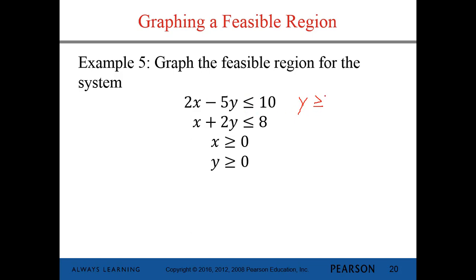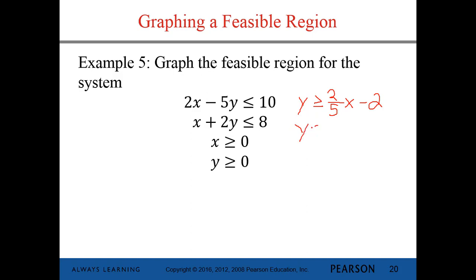And so in this case, we get 2/5 x, and then minus 2.